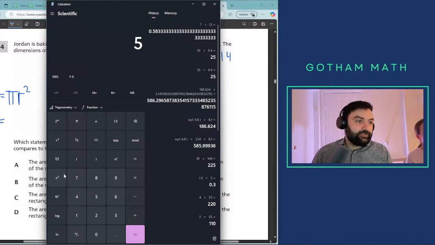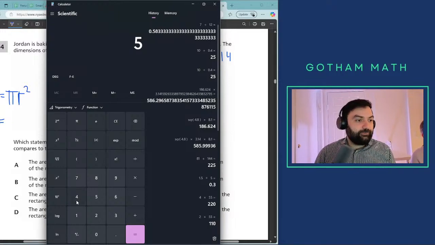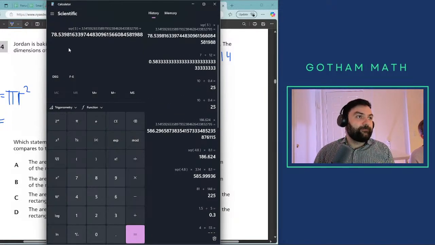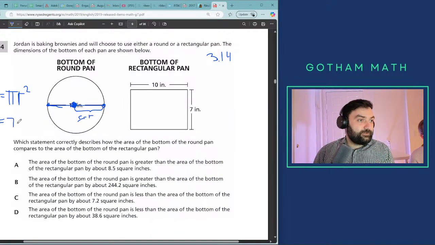So the radius squared is 5 squared, which is 25, times pi. I'm not going to use 3.14 if I have a pi button. And then equals 78.53, and that's the area of this circle.